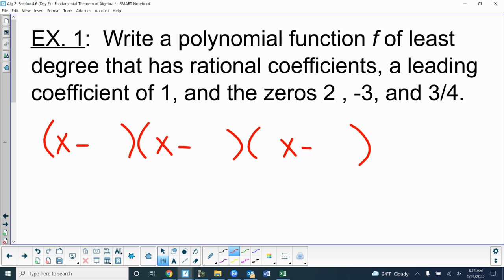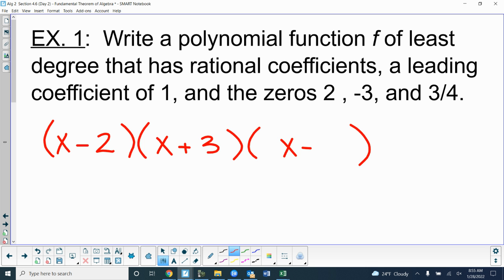Okay, so since there's 3 zeros, I have to have 3 factors, and they always start x minus. Okay, and then I just put those numbers in. So I put x minus 2. What's x minus -3 going to end up being? Yeah, so this minus a -3 ends up making it x plus 3.